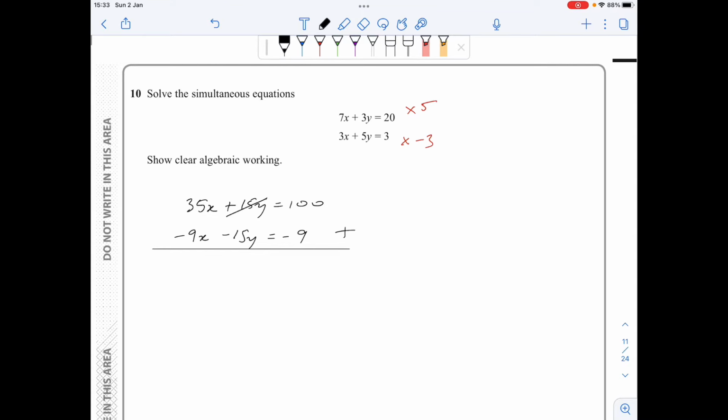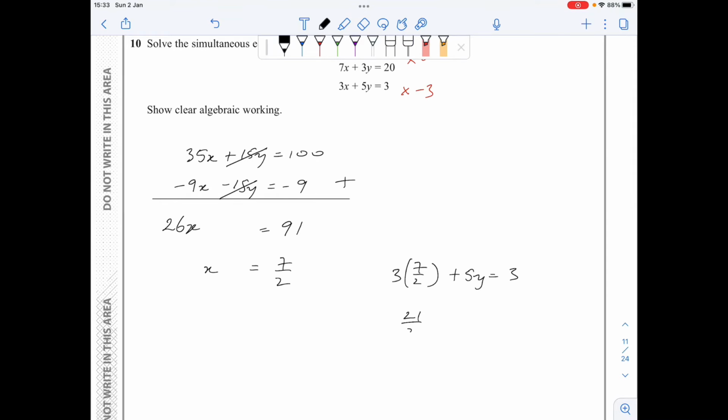The 15y and the minus 15y cancel out, so I get 26x equals 91. So x comes out to be 7 over 2. And then you can substitute this one in any of the equations. I will substitute in the second equation. So I get 3 times 7 over 2 plus 5y is equal to 3.